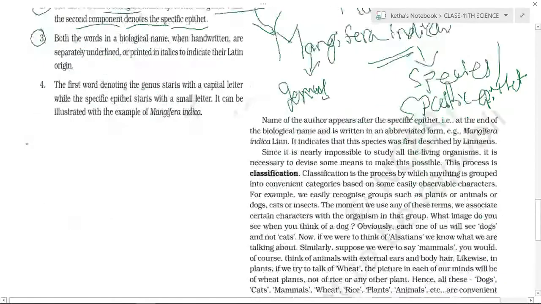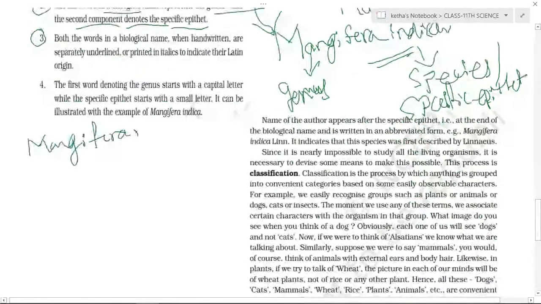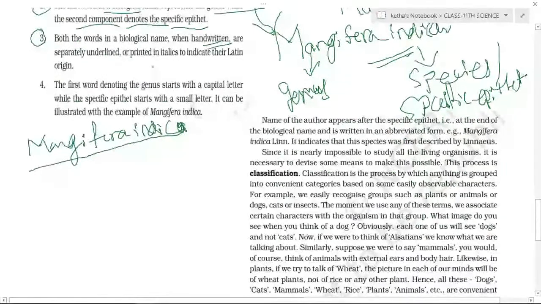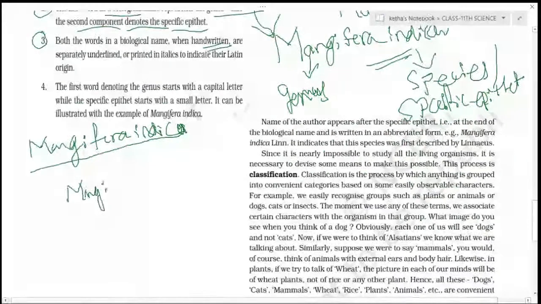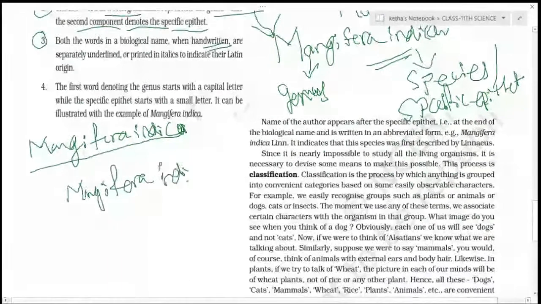If we write Mangifera indica by hand, then we need to underline it. If we are printing it on paper, then we need to write it in italic format.